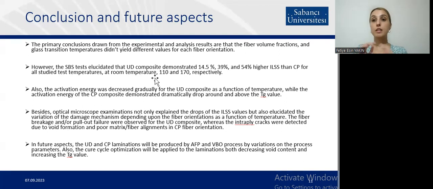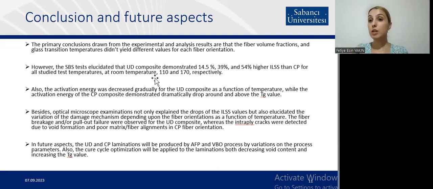In the future, from all of these conclusions, the unidirectional and cross-ply laminations will be produced by an automatic fiber placement robotic machine, and we will expose them to the vacuum bag only process with variation in the process parameters.